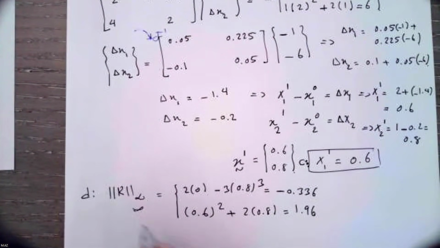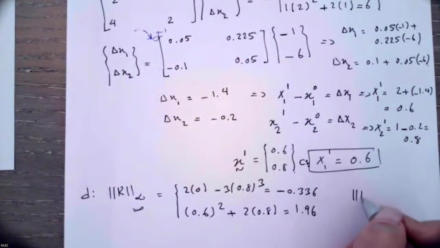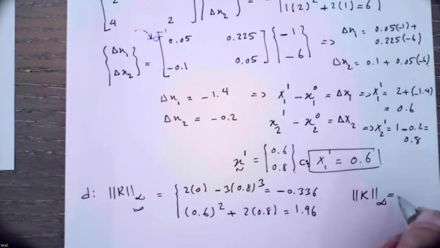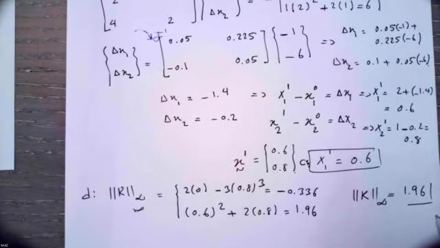We have to find the norm infinity. The answer of the infinity norm of the residual for the first iteration is 1.96.